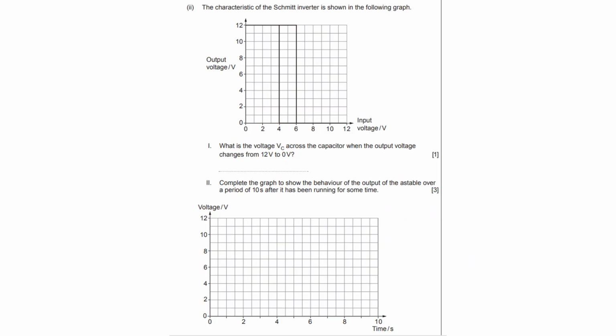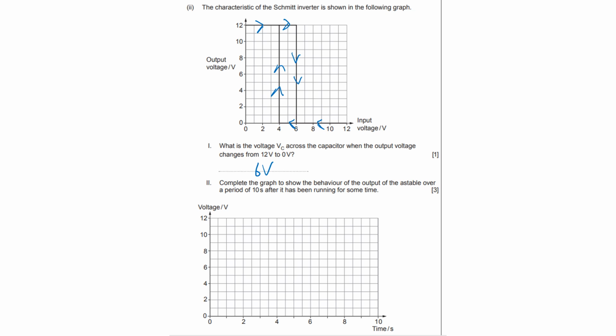Okay, this year they've not asked you to do anything with the Schmitt inverter. They've basically just said what is the voltage across the capacitor when the output voltage goes from 12 to 0. Remember, it goes as far as it can go and then down. So the answer is 6 volts. And then when it comes back, it goes as far as it can go back and then back up. So the decreasing switching threshold would be 4 volts.